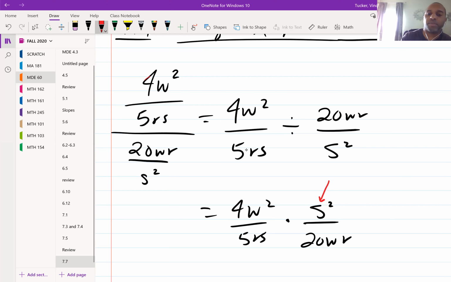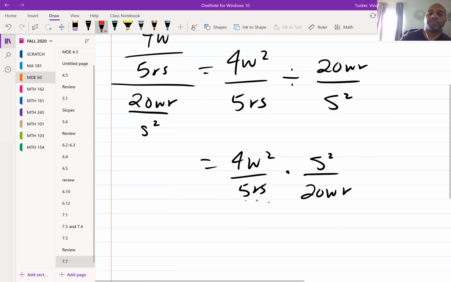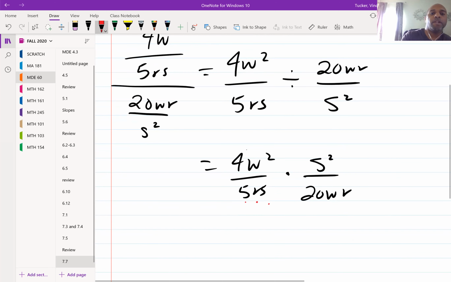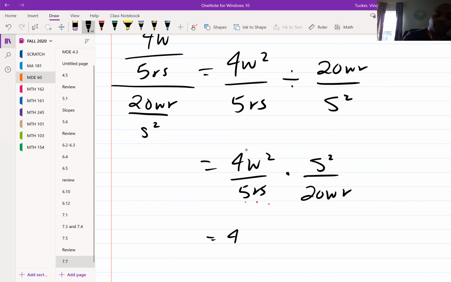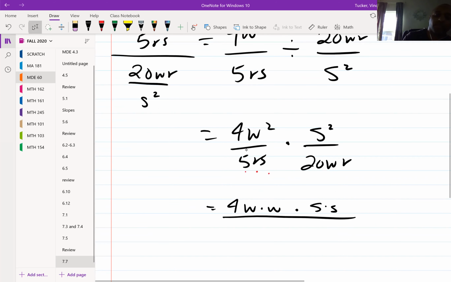And this is s squared. I didn't read the problem off. That is an s right there, and I got a 5rs down here. So when we look at what can cancel out, if you were to break this down, we have 4 and 2 w's here, 2 s's, 5rs, and 4 times 5 wr.